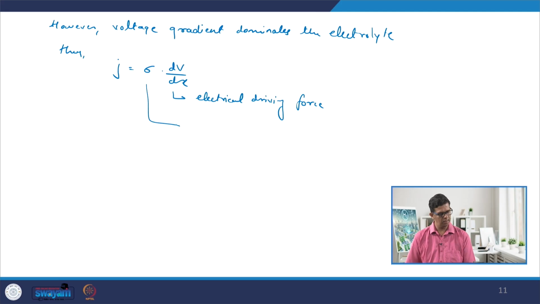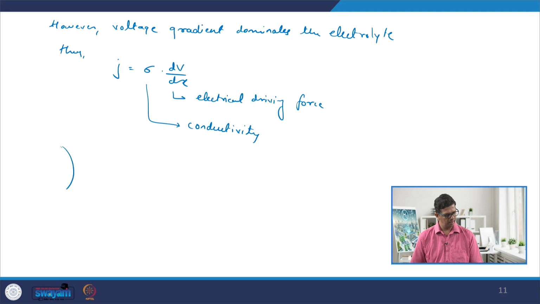And what is the sigma? Sigma is nothing but the conductivity. So, it is not only the material through which the different charges flow, it is also their conductivity that matters when the specific charges flow through that particular material. So, we have to take into account its conductivity.